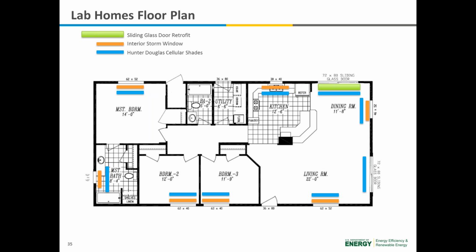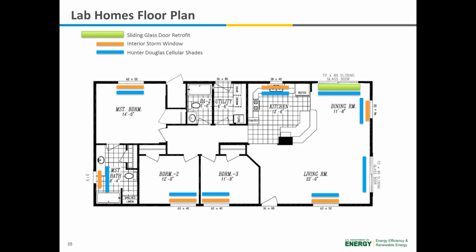The green bar is the sliding glass door retrofit. Due to the fact that Quanta does not make interior storm windows large enough to cover the sliding glass door, we needed a way to eliminate some of that window area. So what we did was we took a bunch of batt insulation and reflective coating insulation and effectively blocked off the window.